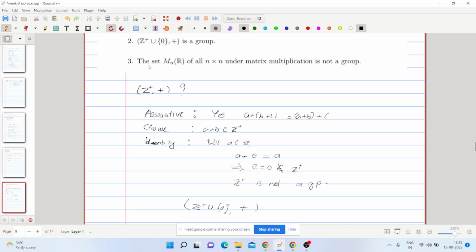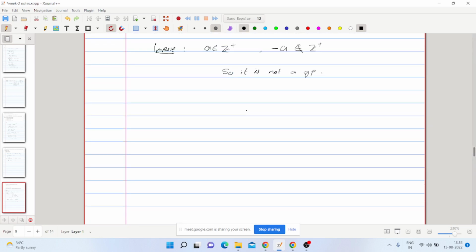Now the next question is the set of all Mn(R). Mn(R) means the set of all n by n matrices under multiplication. So is this a group or not? Actually someone has already told that. It is not a group. Is it a group?